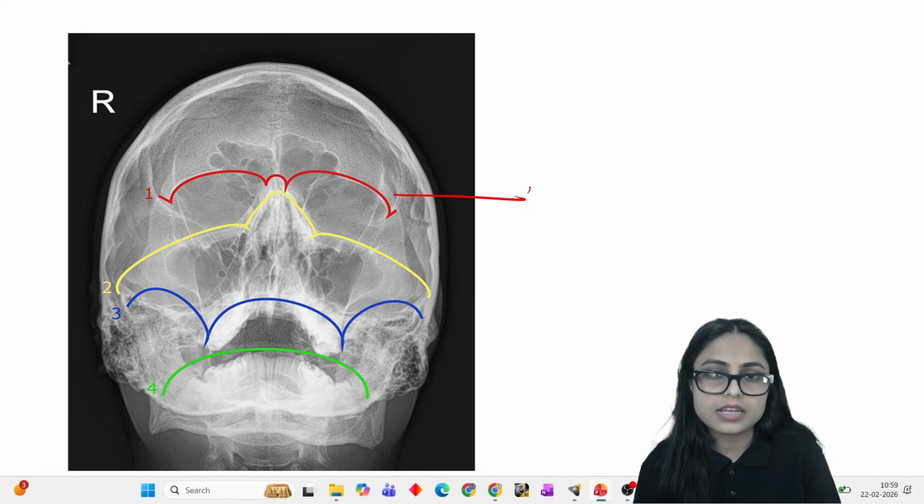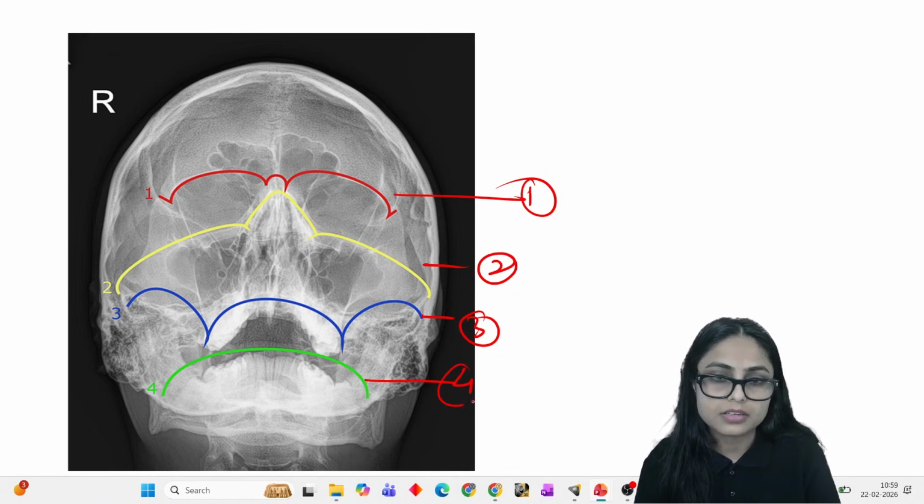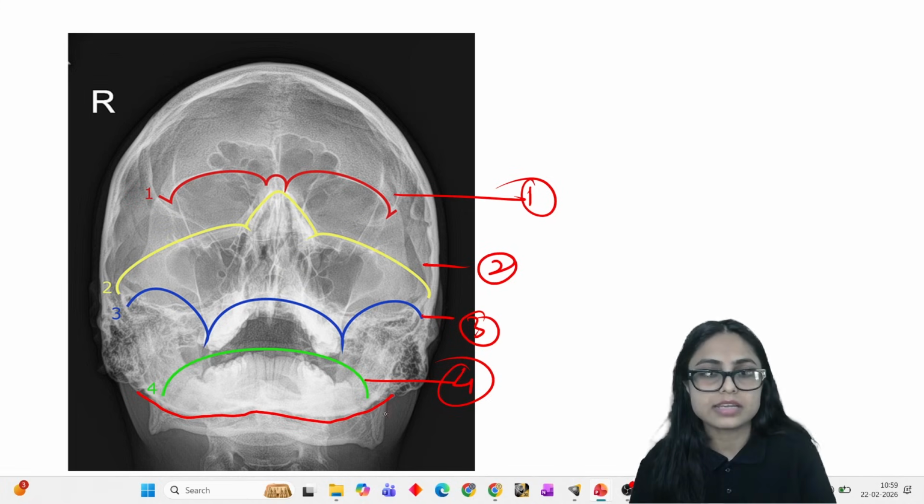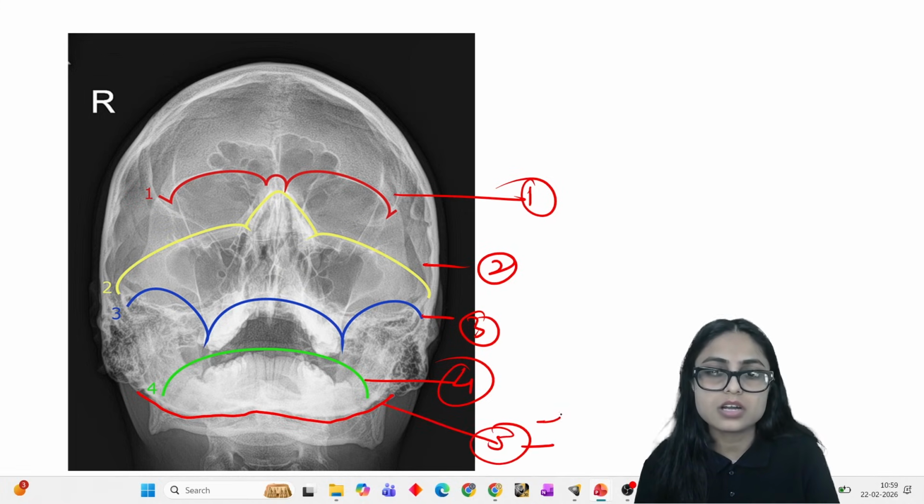This is the first line, this is the second line, this is the third line, and this is the fourth line. The fifth line joins the angle of the mandible from the right, crossing the midline, and joins the angle of the mandible on the other side. This is the fifth line, which is the Trampnell line.